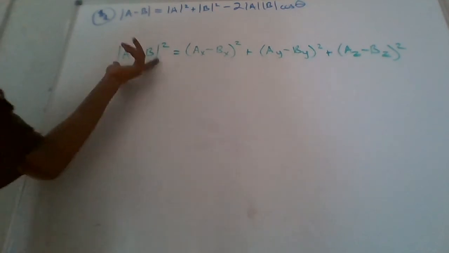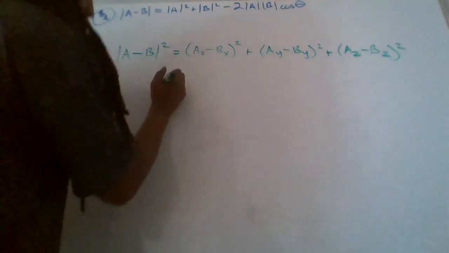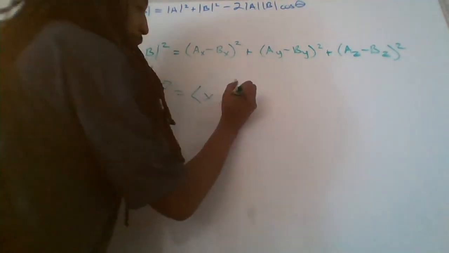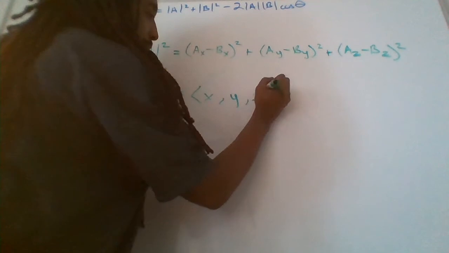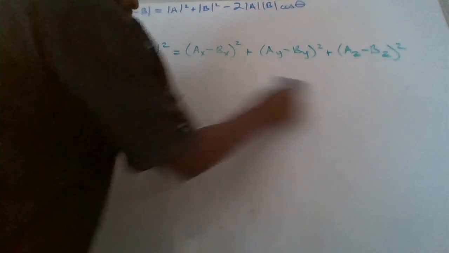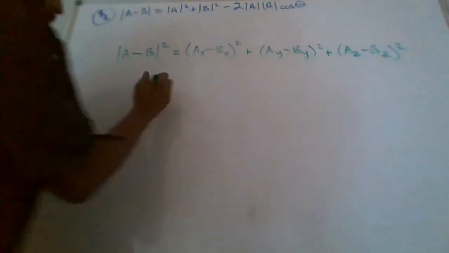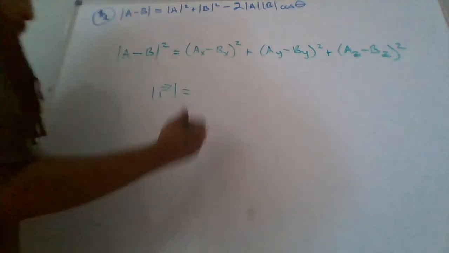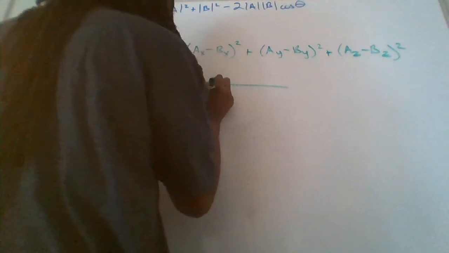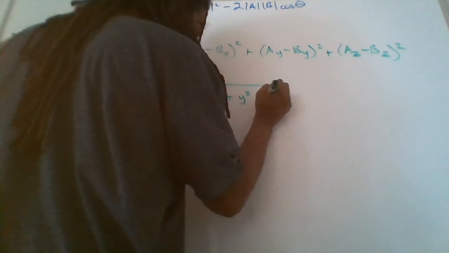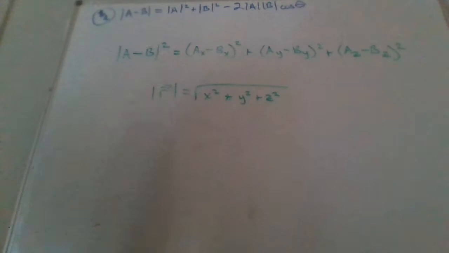Right? Because this is the magnitude of a vector. What I'm trying to say is if vector r is equal to x comma y comma z, then the magnitude of r is equal to the square root of x squared plus y squared plus z squared, based on the right triangle situation.